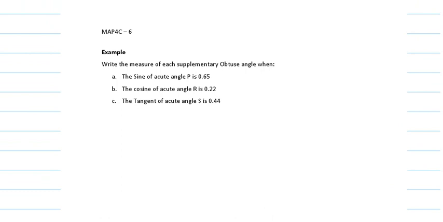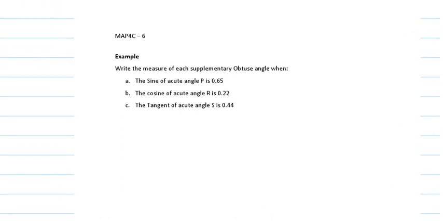Find the supplementary obtuse angle when the sine of the acute angle is 0.65. Okay, question for you. What's the question asking you for? To find the supplementary obtuse angle.